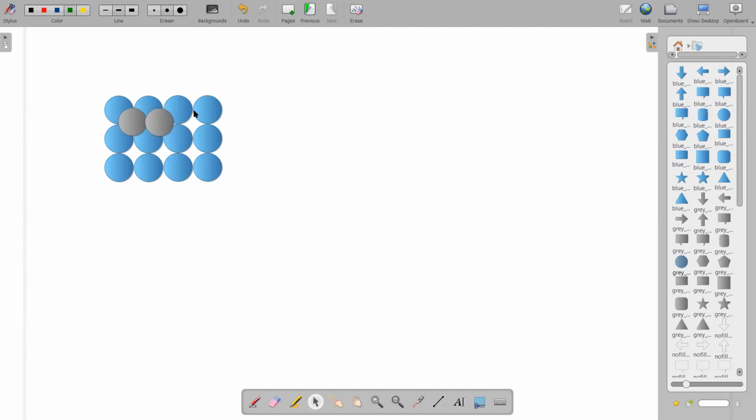And in this way, you can make a particular arrangement or packing. So you can take it as an exercise, and then you can do this in your home. Calculate its Z, calculate its what?